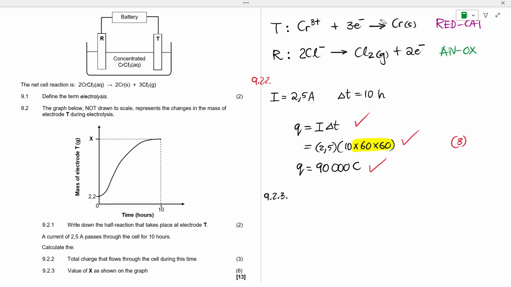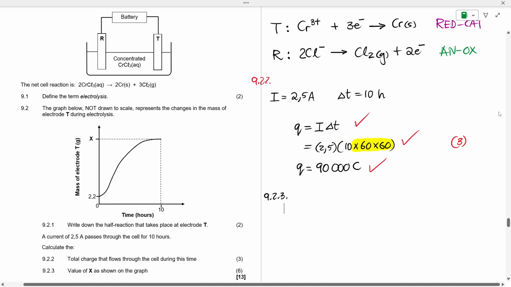Others, you see this question in the exam, how do you feel? Do you know what they want? Or you're just gonna put the ink on the paper and hope for the best? Or even skip it blank? No answer. Okay. That's fine. We are looking for the mass of electrode T at the end of the day. So let's see what we need to do.